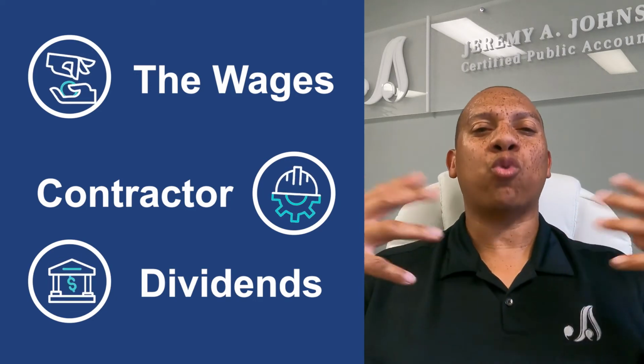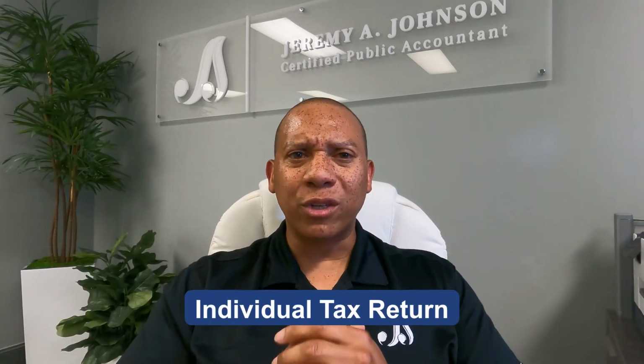You're going to be taxed twice if you form a C Corp. Well, this is where that comes from, right? So the C corporation is going to have its own tax rate, but then if you're pulling dividends, you're going to have another tax rate based on your individual tax return and the dividends that come in. So that's where they're talking about that dual taxation. That's where that comes from. But again, for a C Corp, you're going to have wages. You could be a contractor as well. And then you're going to have dividends.